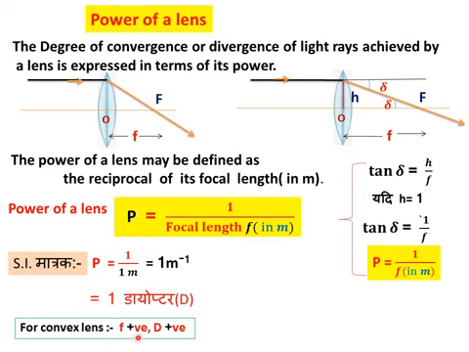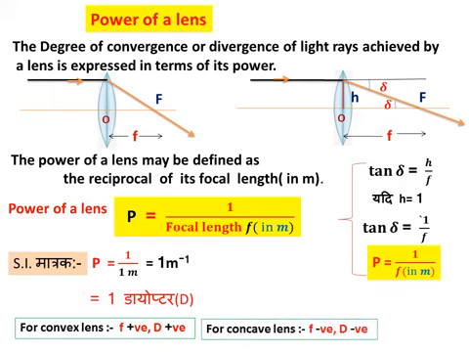For a convex lens, we know that focal length is positive, so when f is positive, P will be positive, so the power of a convex lens will be positive. And for a concave lens, we know that f is negative, so P will be negative here.